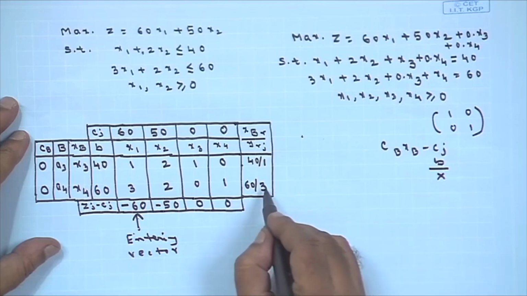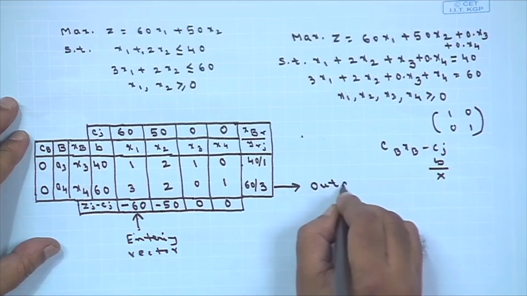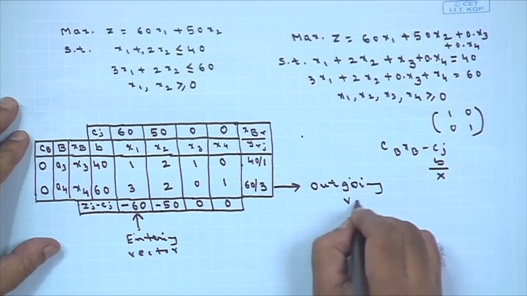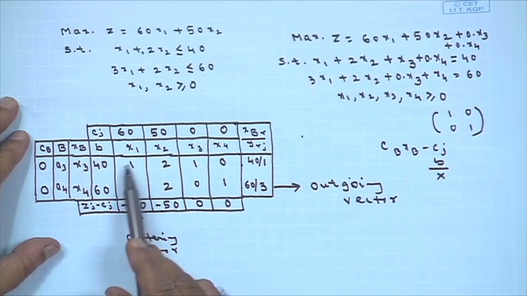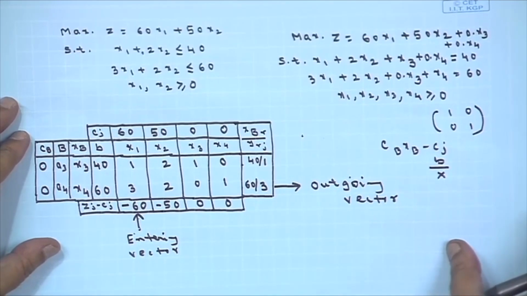Therefore, this value 60 by 3 is minimum. So, your outgoing vector is this one. In the next table, x1 will enter and x4 will go out.